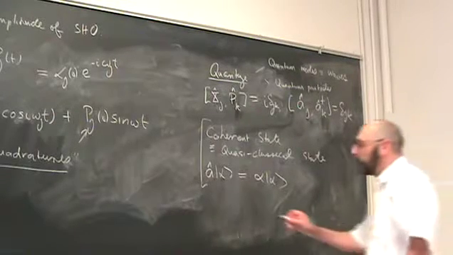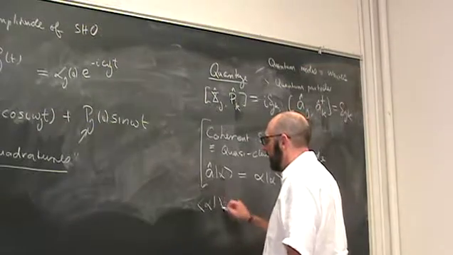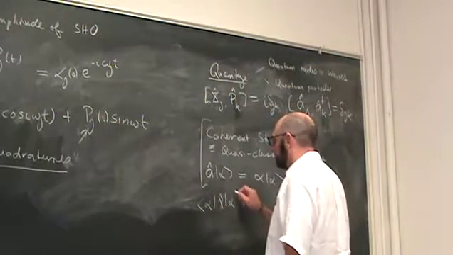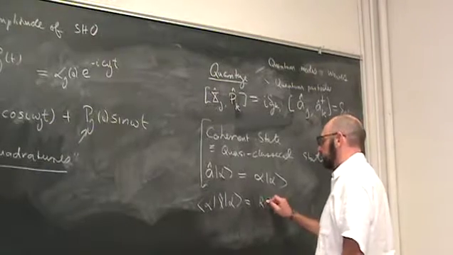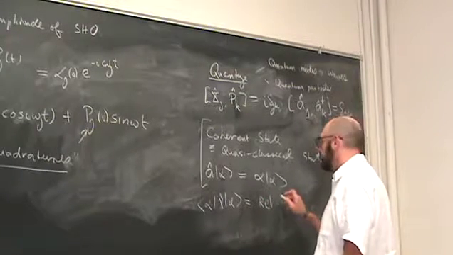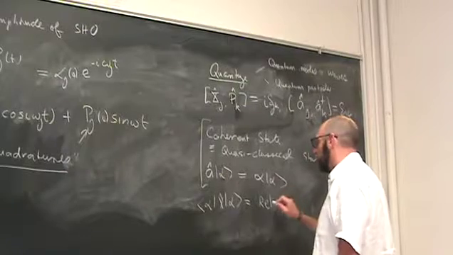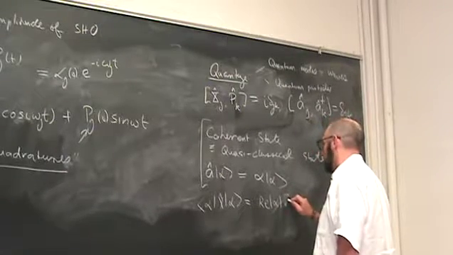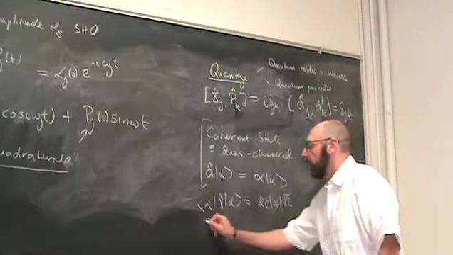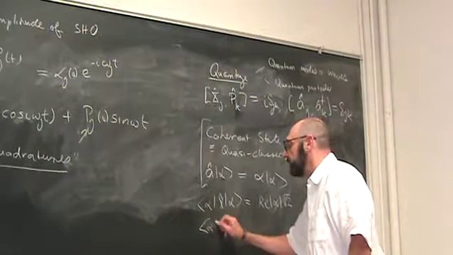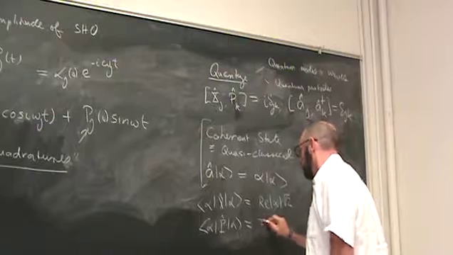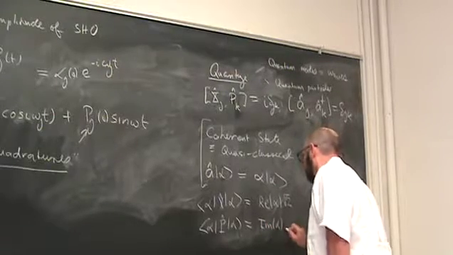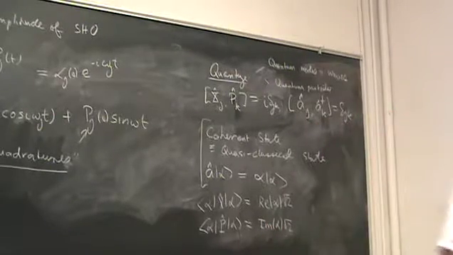And these have the property, of course, that the expectation value of the x and p quadratures are exactly what we expect for that classical amplitude.